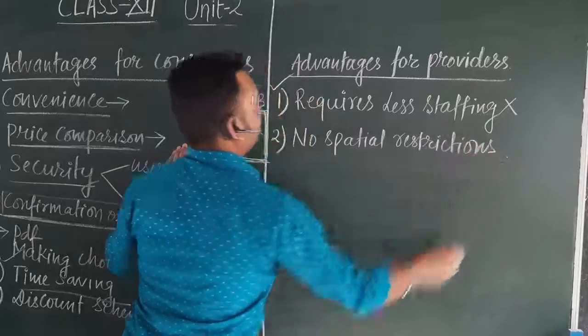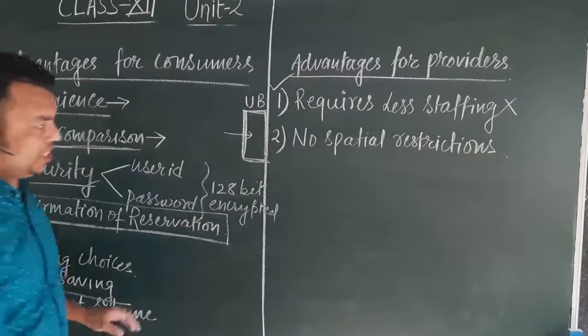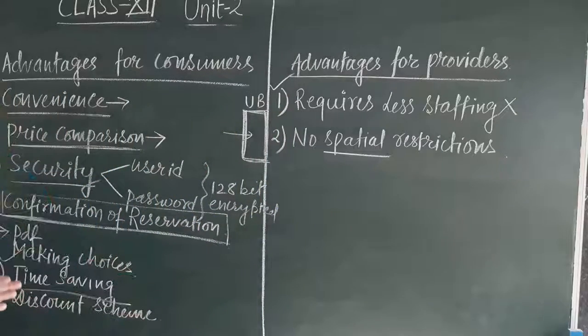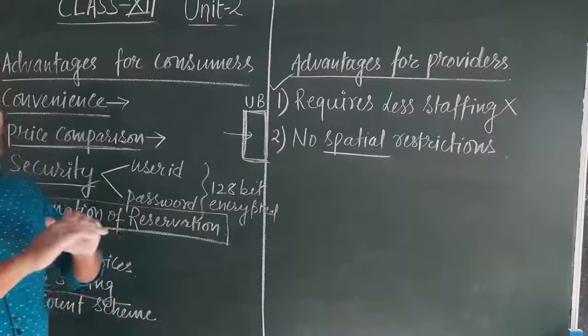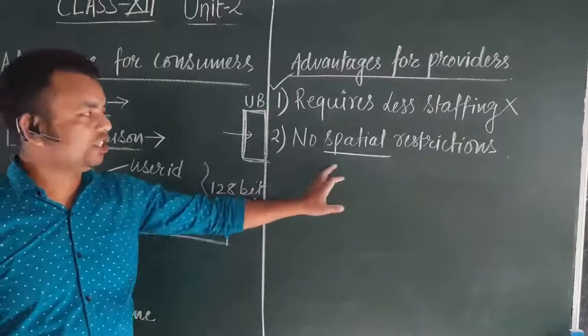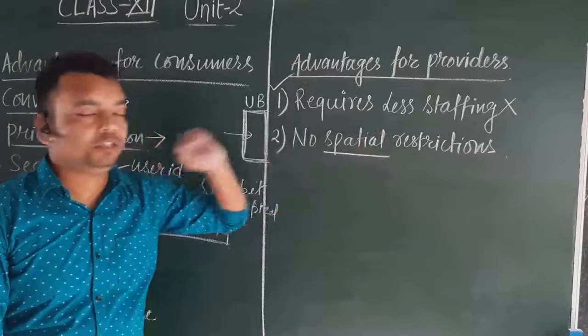No special restriction. What does this mean? Special means space. Space restriction is also not there whenever a service provider provides any of the online services. Space restriction does not apply to the service provider.